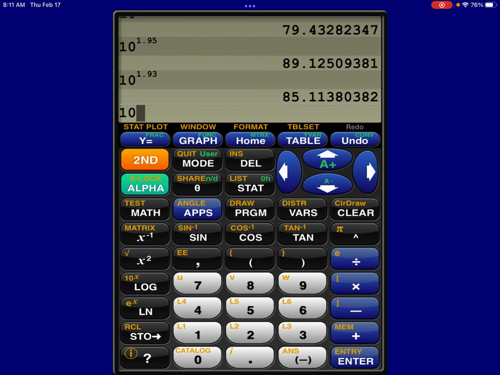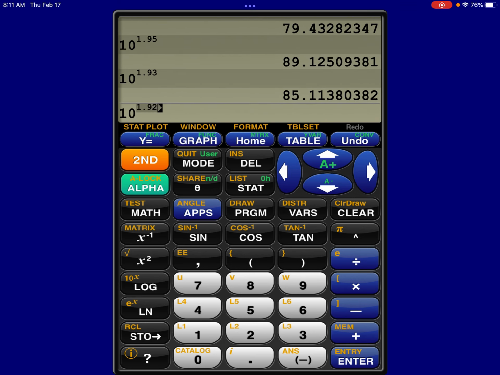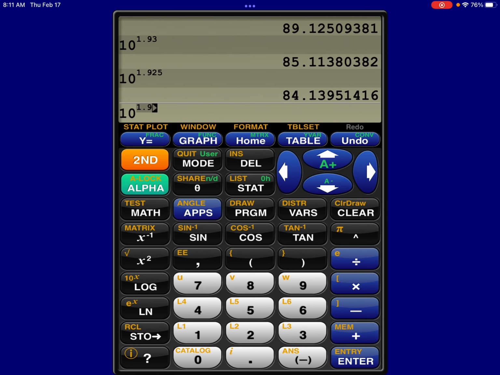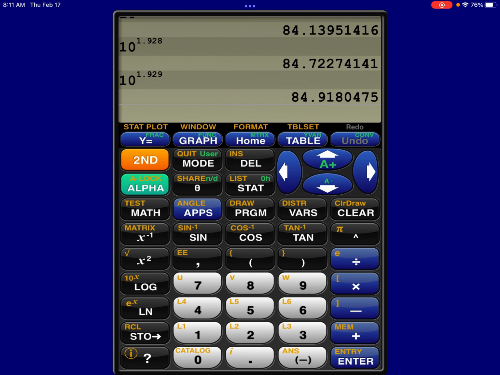So what's smaller than 1.93? 1.925 maybe? 10 to the 1.925. Okay, that's a little bit too small, so we've got to go a little bit bigger. 1.928. Then 1.929.